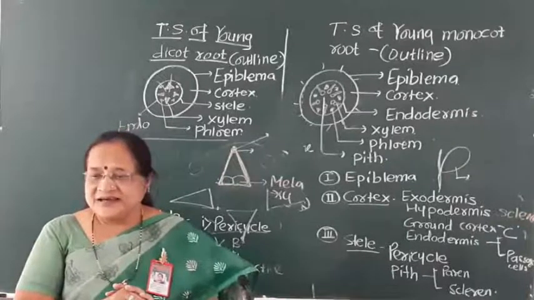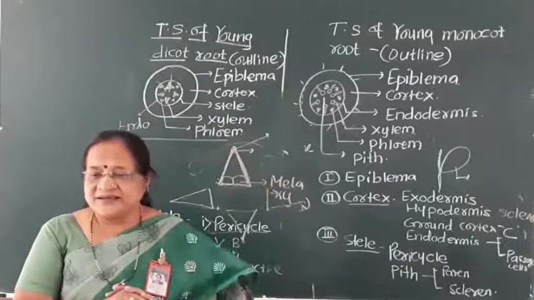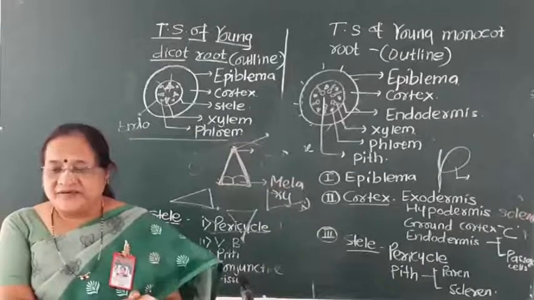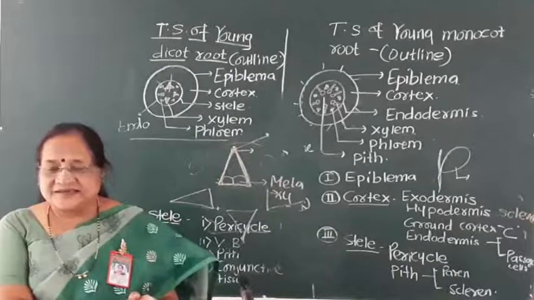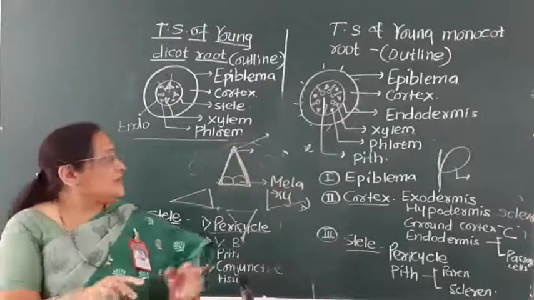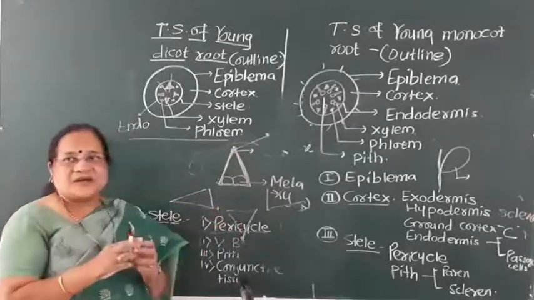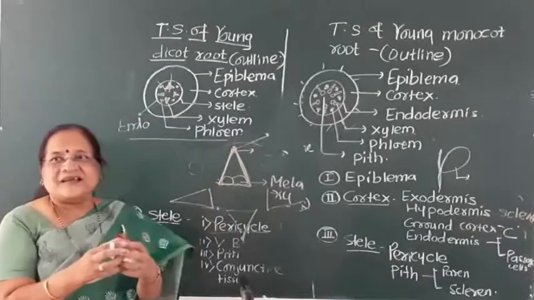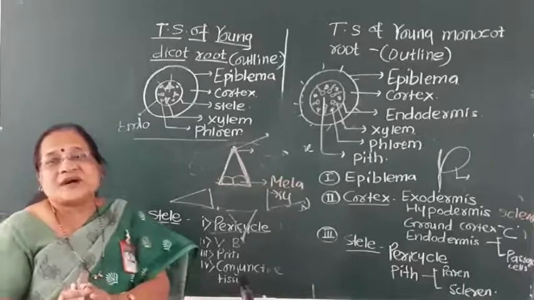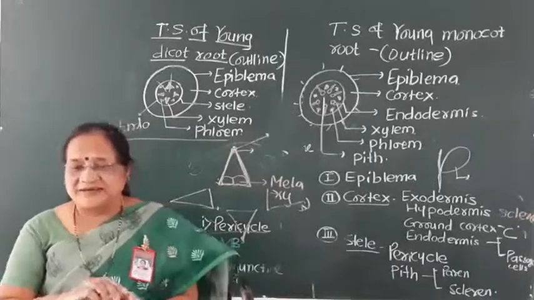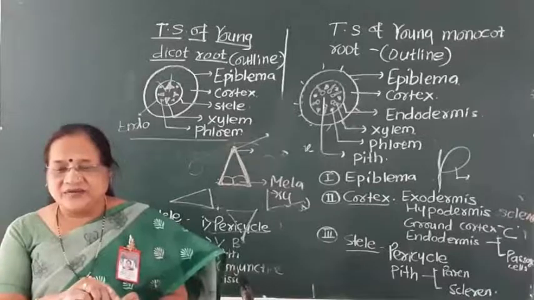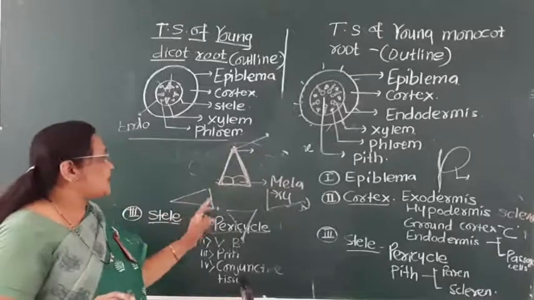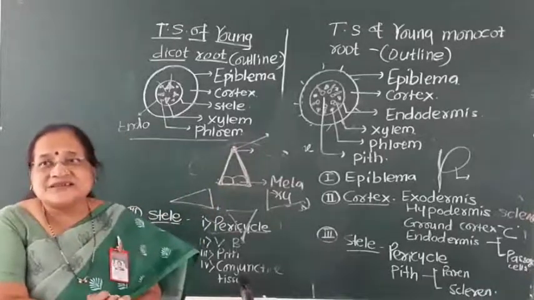They are colorless, loosely arranged with intercellular spaces. In some roots, at the time of secondary growth, the metaxylem structures come close in the center, and we get an obliterated mass of tissue. Centrally the pith is there, and in between the xylem and phloem we get the conjunctive tissue.